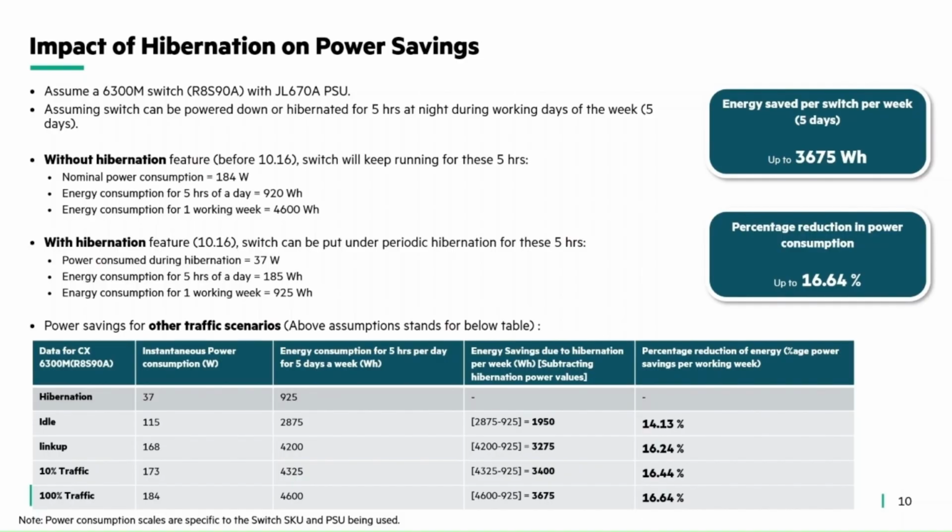If we calculate the same for one working week, the energy consumption of the switch will be 4600 watt-hours. Why it matters? This is the wasted energy when the devices are not in use. You can multiply by the number of switches in your network and you can see the unnecessary cost and carbon impact add up quickly.